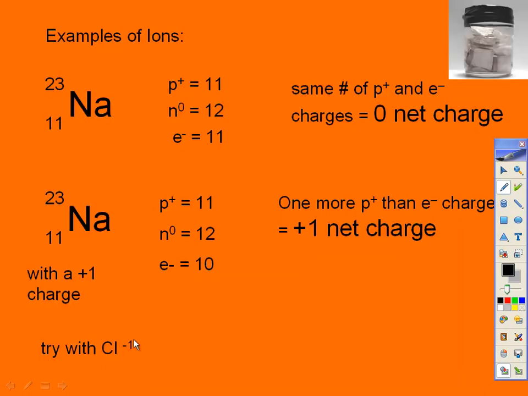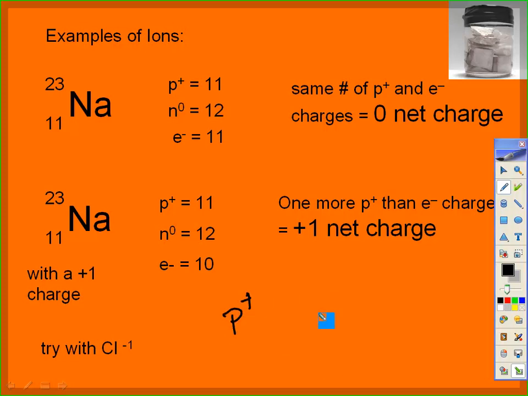So we're going to try this with chlorine -1 now. Find your protons, neutrons, and electrons. If I look at the periodic table, chlorine is 17. We need a little bit more information here, so let's say it's chlorine 35. So that means my neutrons have to add up with the protons to make 35.